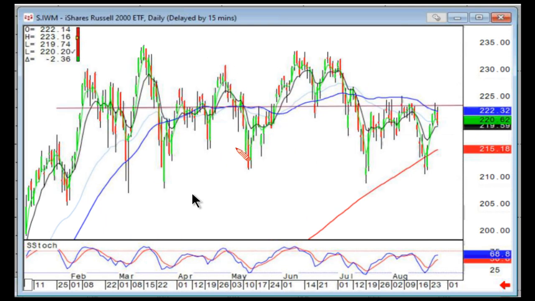Right? You can actually see that what we've experienced over the last several months has been very sideways, and if there has been any trend at all, it's been down over the last few months.